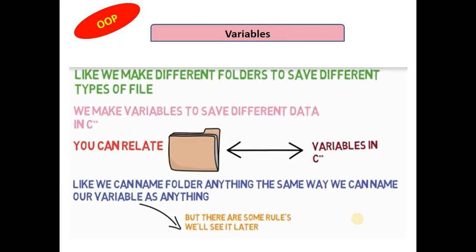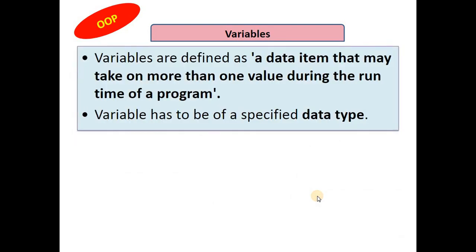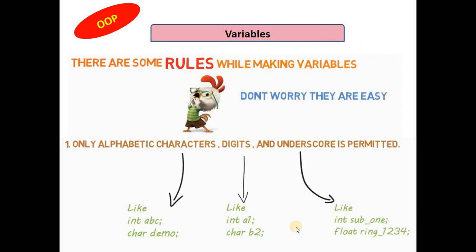But there are some rules for variables. Variables are defined as a data item that may take one or more values during the runtime of a program. That means it can change its value at the time of execution of the program. But whenever you use a variable, it has to be of a specified data type. For example, there are some rules for making variables. Only alphabetic characters have to be used, like int ABC, char demo.